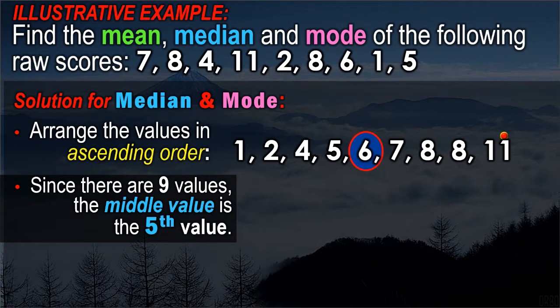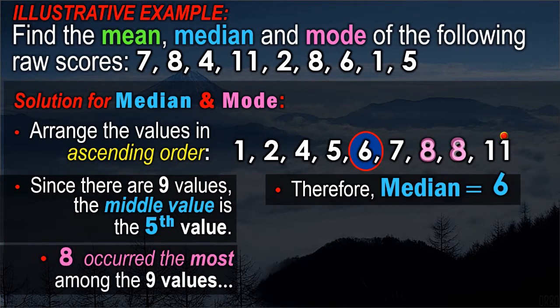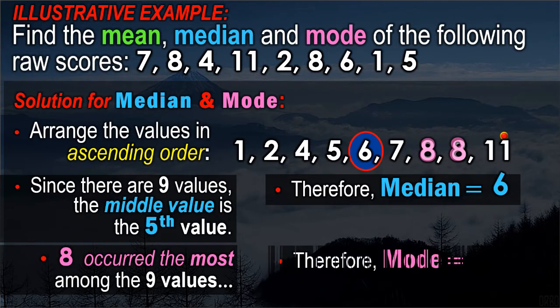Since there are 9 values, the middle value is the 5th value. So therefore, our median is equal to 6. Now for our mode, the most occurring value among the 9 values is 8. So therefore, our mode is 8.